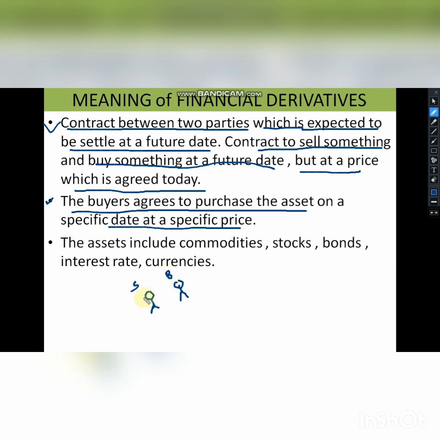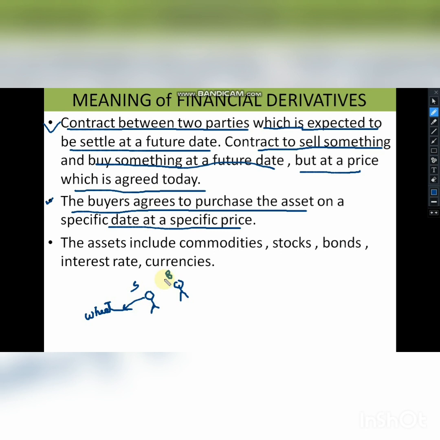Now suppose the seller is a farmer, and the farmer wants to sell his wheat to the buyer.